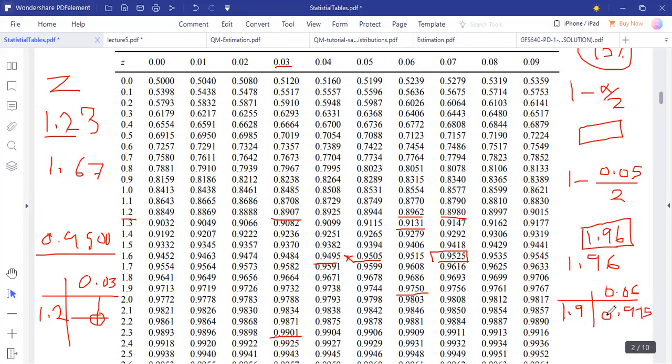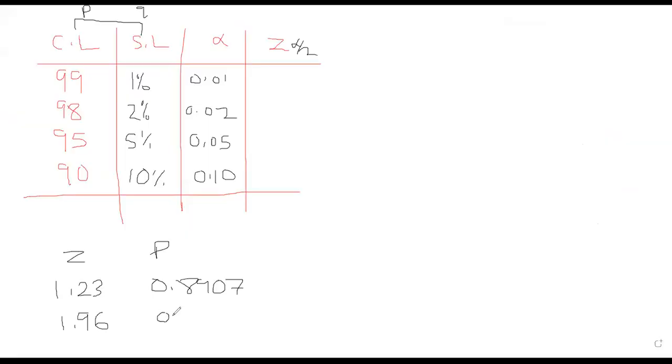So if I gave you the probability as 0.975, then he asks you to find the Z for this probability. So this will be 1.96. All right, if I asked you the reverse way, so here we found 0.9750.